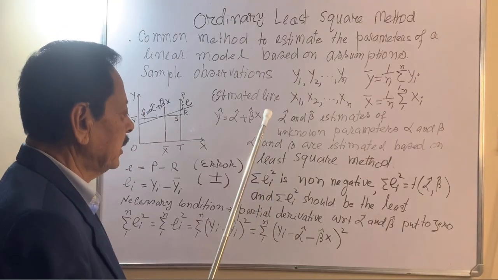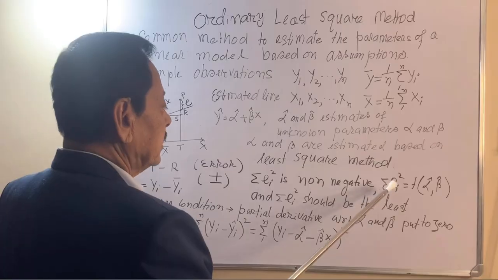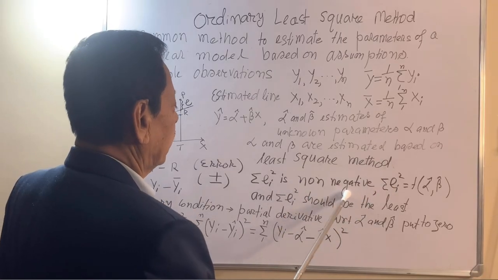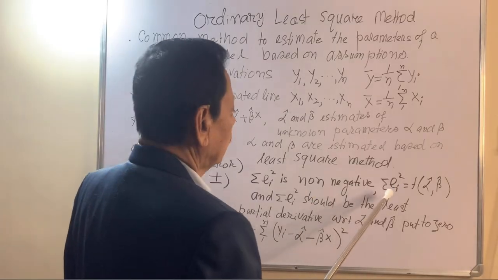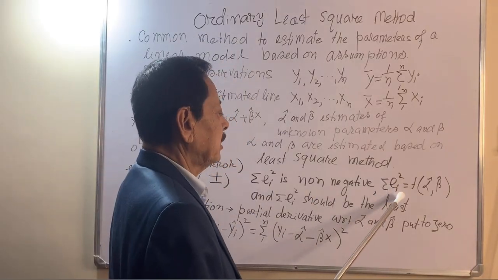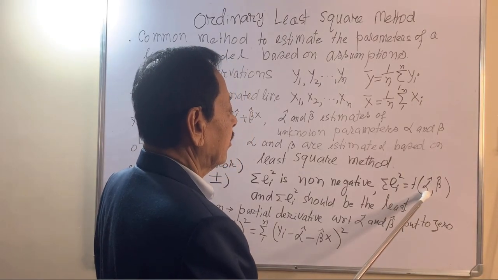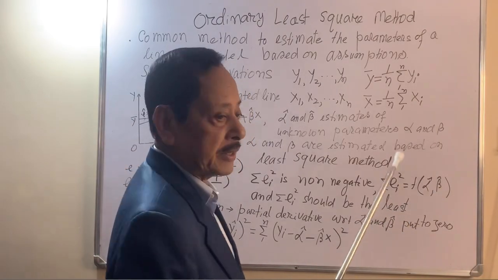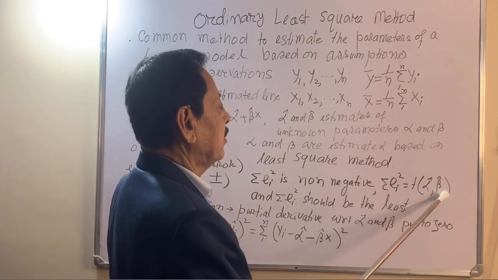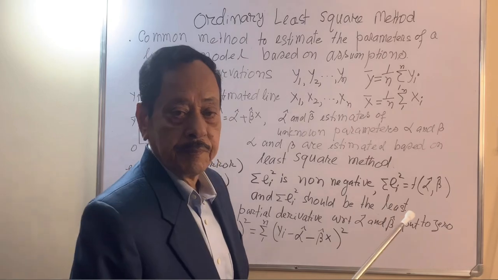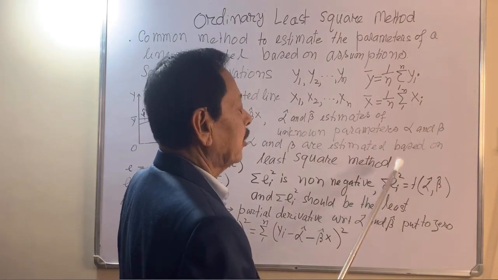So when we sum it, sum ei square is positive, it is called non-negative or positive. This means the sum of the square of the error term is a function of estimated alpha and estimated beta. So the value of estimated alpha and beta will influence the sum of square of the error term.